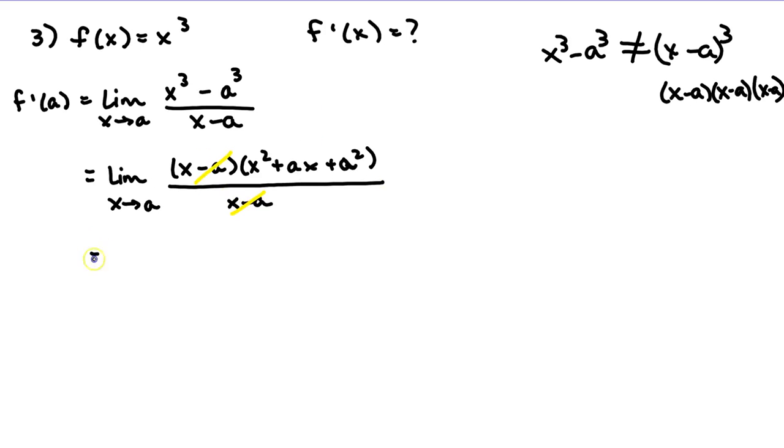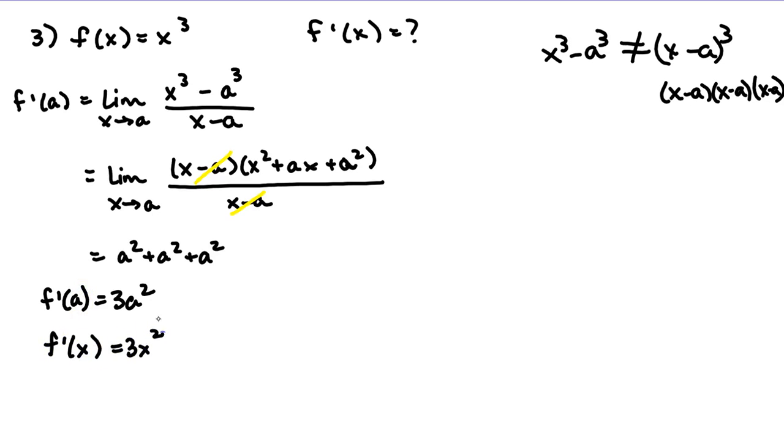And now we can substitute the a in for x, so we get a squared plus a times a, which is another a squared, plus a squared. So that's 3a squared. So that's f prime of a. So that means f prime of x is 3x squared. So the derivative of x cubed with respect to x is 3x squared.